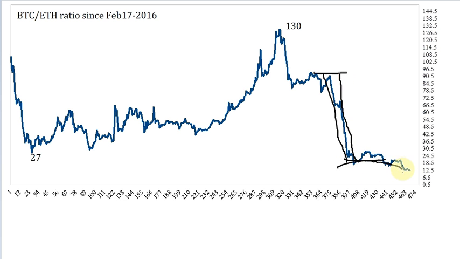If it breaks this correctionary range to the downside with another leg lower, a move down to the 5 mark, down to par, even a half, would not be a surprise when we're looking at the current volatility we're seeing within this measure.